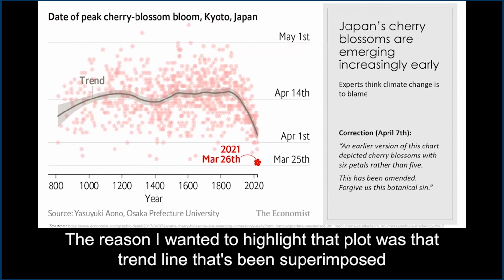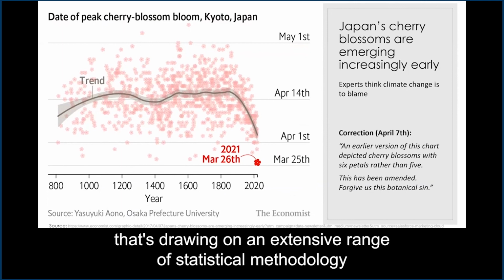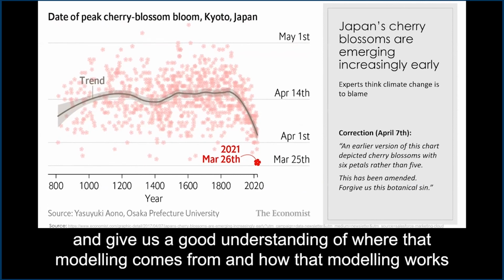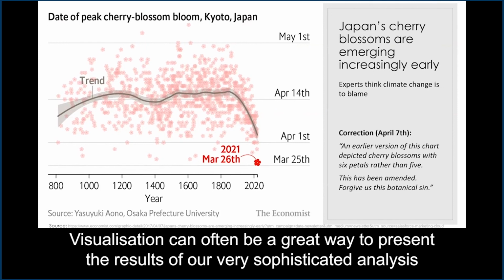Now, the reason I wanted to highlight that plot was that trend line that's been superimposed, which draws on an extensive range of statistical methodology. Other courses in the program will talk us through that and give us a good understanding of where that modeling comes from and how it works. So I wanted to illustrate that visualization can often be a great way to present the results of our very sophisticated analysis.